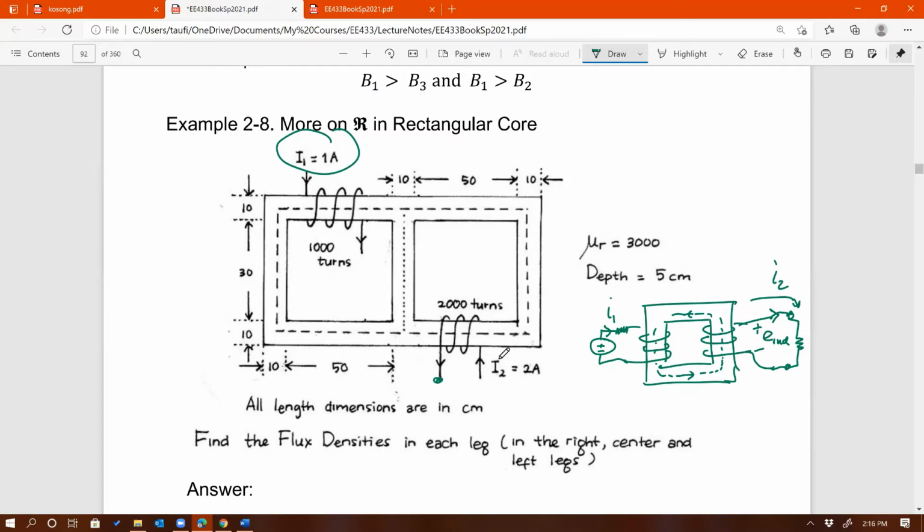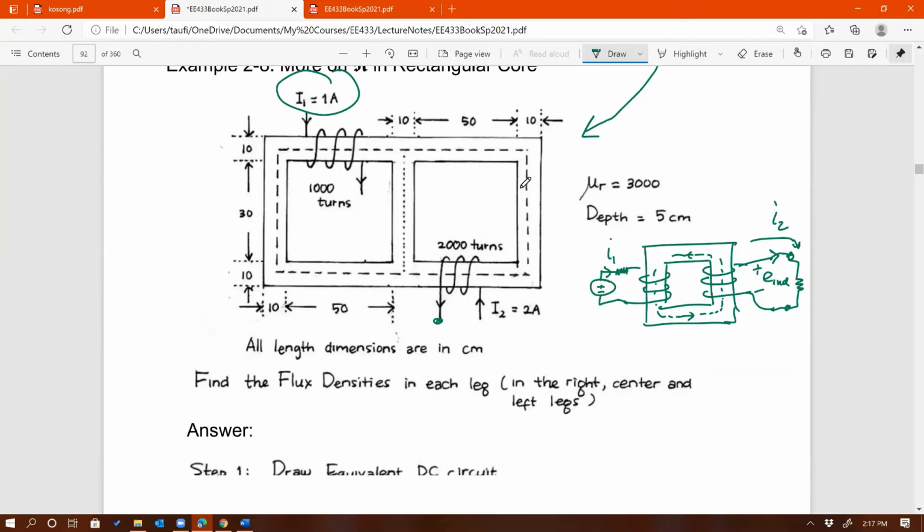I just want to explain a practical example of this case. It's commonly found in many applications, because there are many transformers out there, so this example is important for you to review, having two MMFs.